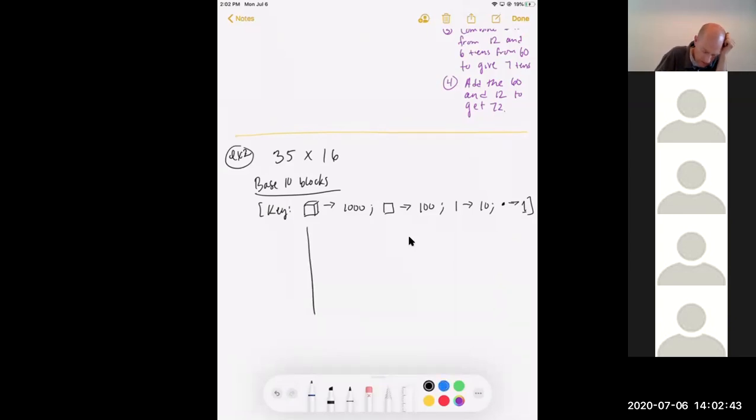Okay, so I'm going to draw my little grid here, a little bit shorter. 3 10s and 5 1s. Then I'm going to do 1 10 for the 16 and 6 1s.